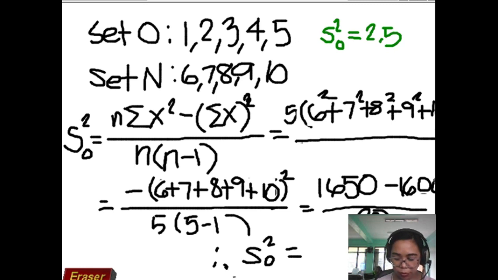We divide it with 20, so we have 2.5. So we have proven that if our original data set is added with a constant value, the variance of that new data set is the same as the variance of the original set.